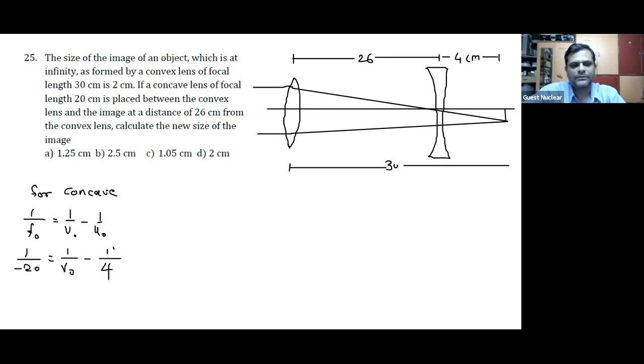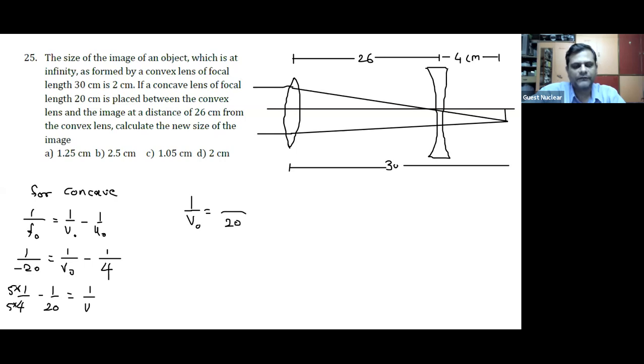तो ये -1/4 को अगर हम उस तरफ लेके जाएंगे तो वो 1/4 हो जाएगा और यहाँ पे हमको मिलेगा 1/4 minus 1/20 which is going to be equal to 1/vo. Okay, so 1 upon v happens to be actually equal to 1 upon 4 minus 1 upon 20. Here we can just multiply this by 5 and divide also by the same 5, so that denominator will become 20.